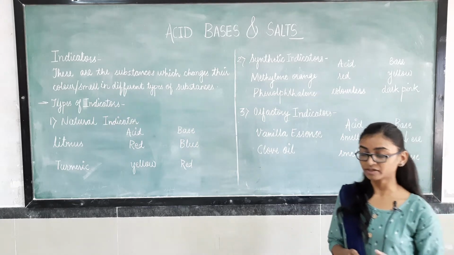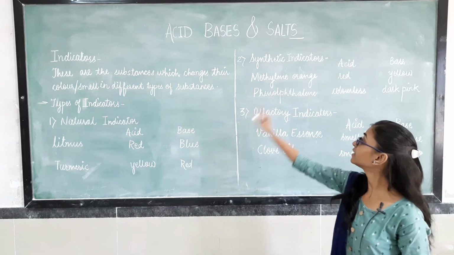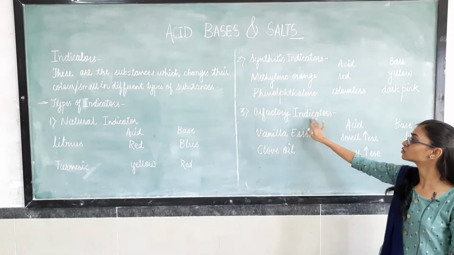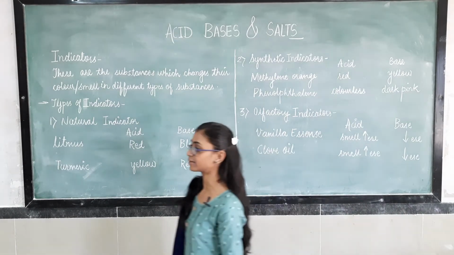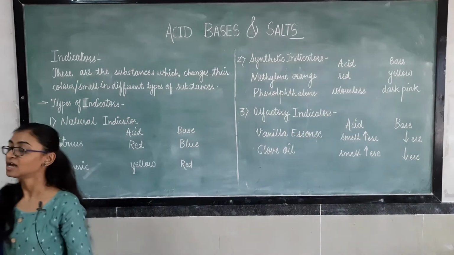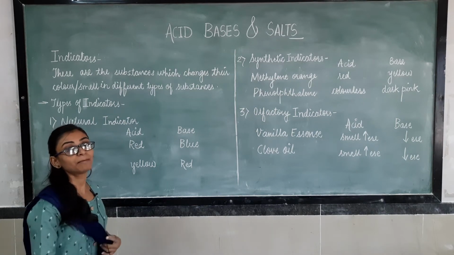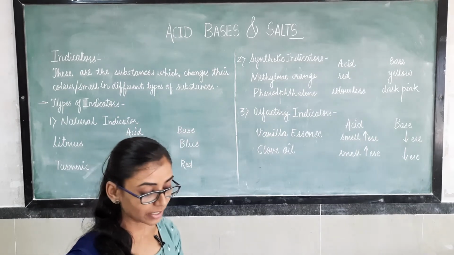Now we have three types of indicators. One is natural indicator, second is synthetic indicator, and third is olfactory indicator. First we'll see about natural indicators. What are these natural indicators? These are the indicators which we obtain from plants, or by a natural process.